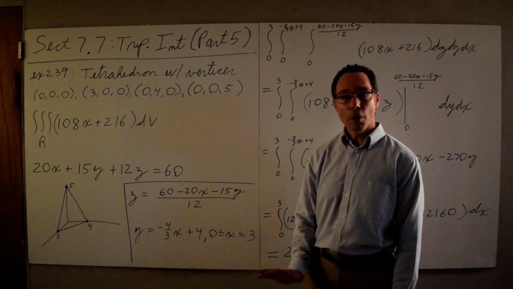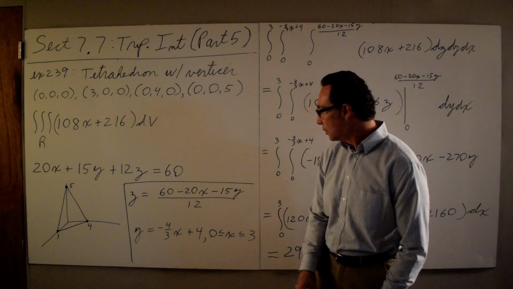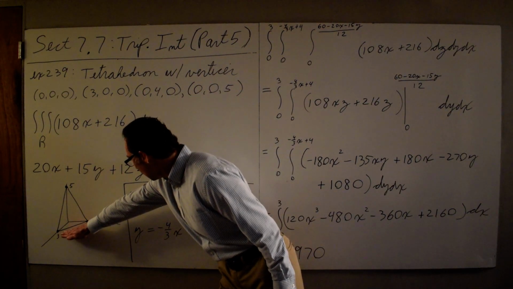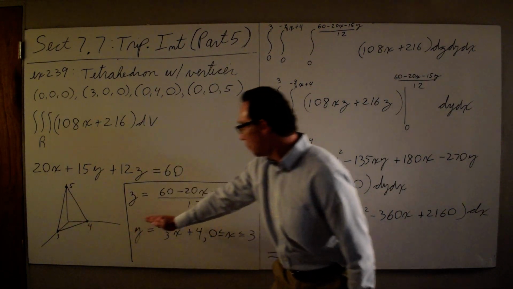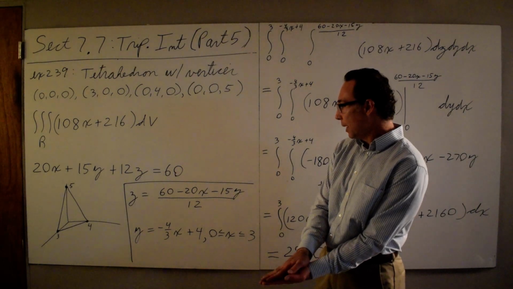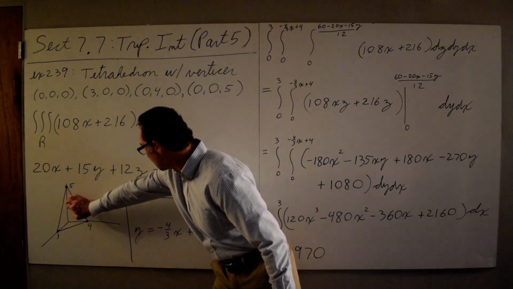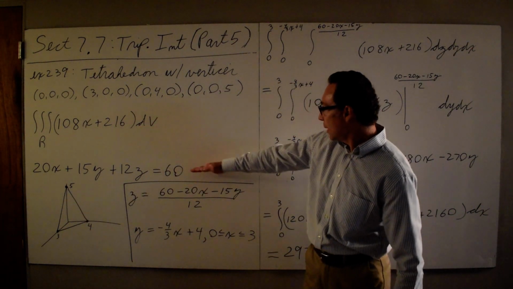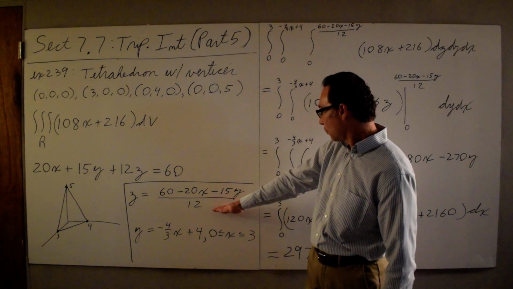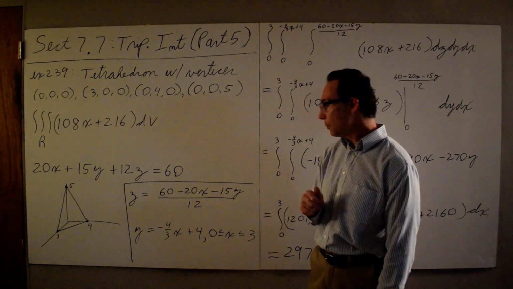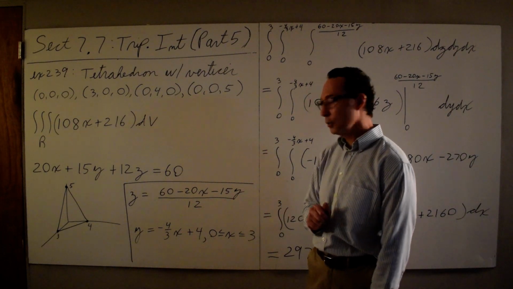So we have a type 1 region in R3. And so our bottom function is simply 0. So we start at the xy plane and we go up to this plane here. And so we take the equation of the plane, solve for z in terms of x and y.